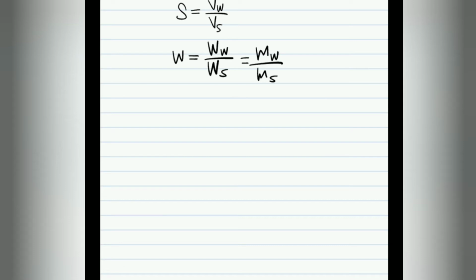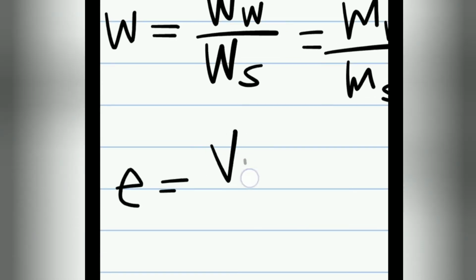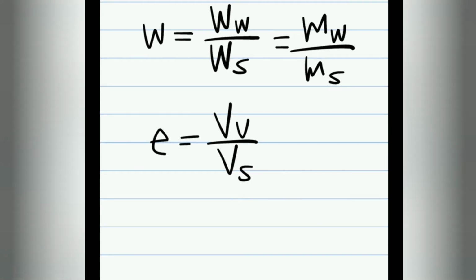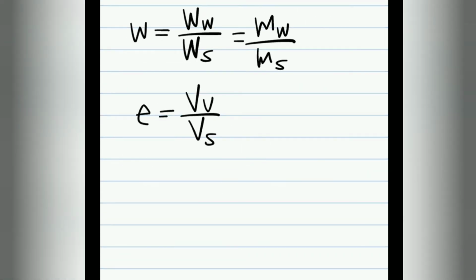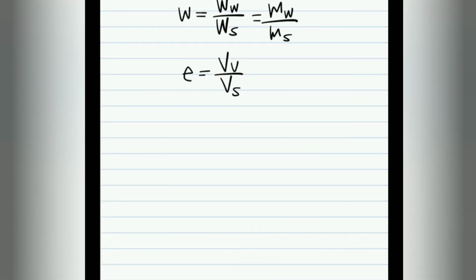Now, the next one is void ratio. So, e is equal to the comparison of voids, the volume of voids to the volume of solid. We already talked about it, somewhat like a sponge. When you squeeze, you remove the void. Somewhat like that. So, that's the ratio of the volume of void to the volume of solid.